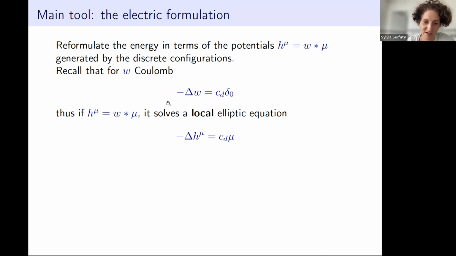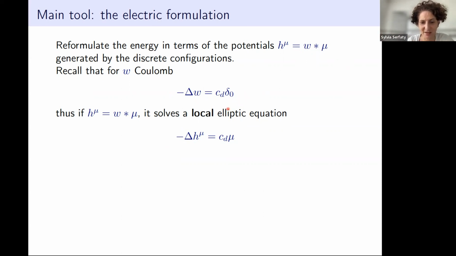So W solves this, and so h mu solves this local equation. Whereas if you were to write general W, you would be solving some non-local equation, some sort of Fourier multiplier, if you want. You could view W as a sort of Fourier multiplier or fractional Laplacian or something like that.